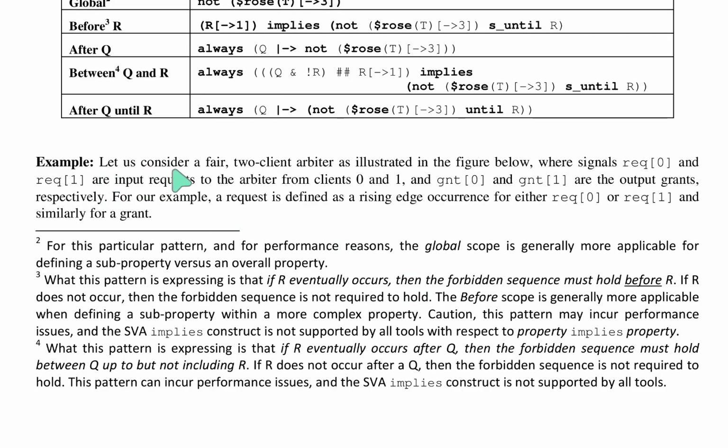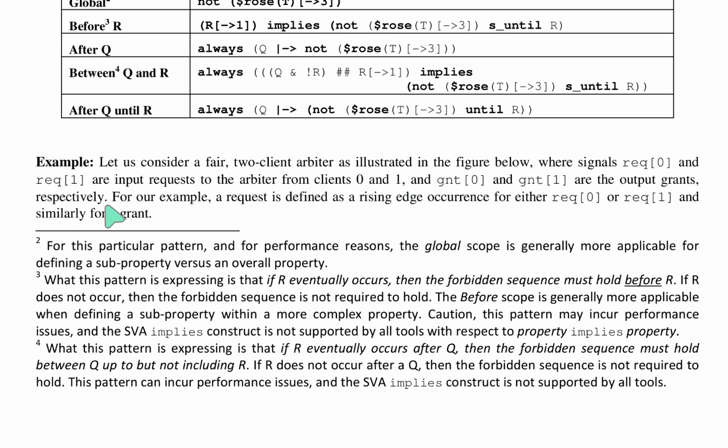Example 1, let us consider a fair 2-client arbiter as illustrated in the figure below, where signals request 0 and request 1 are input requests to the arbiter from client 0 and 1, and grant 0 and grant 1 are output grants, respectively.